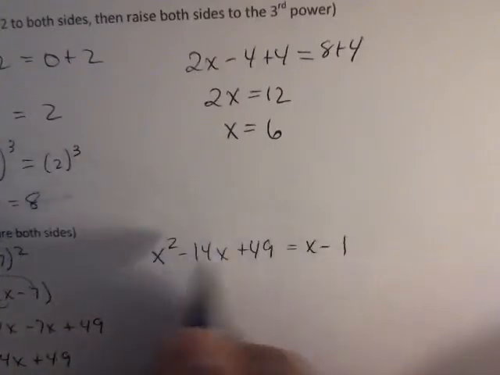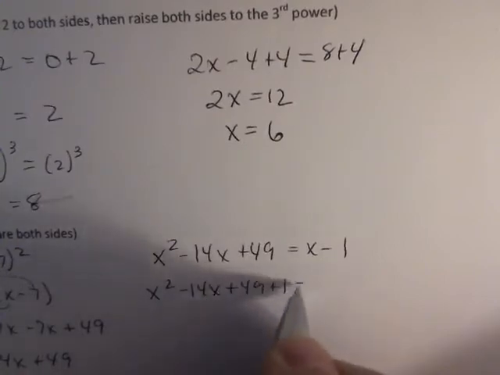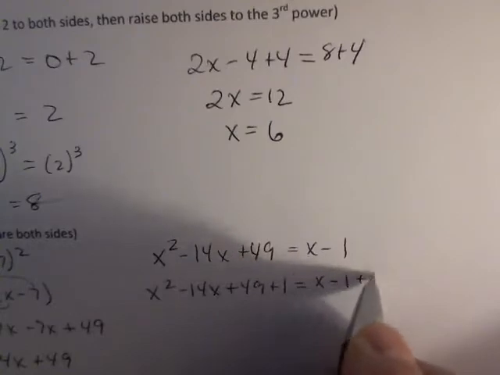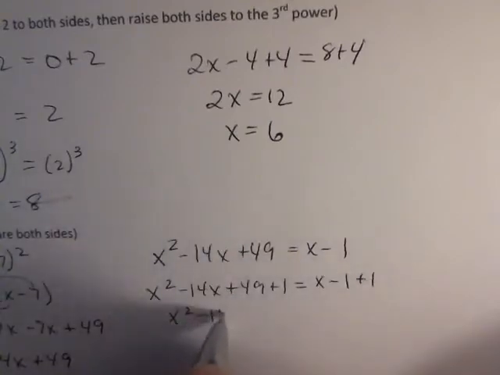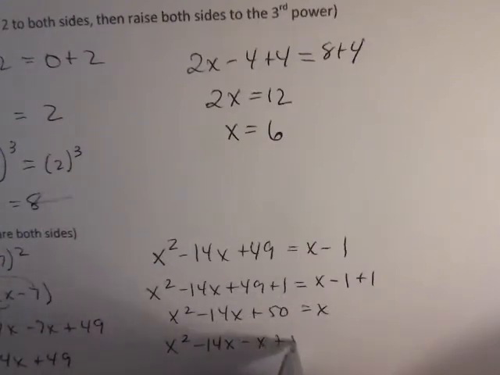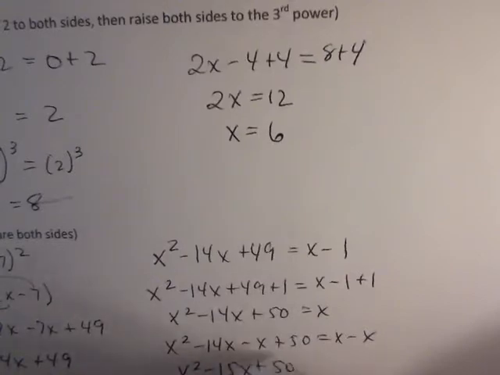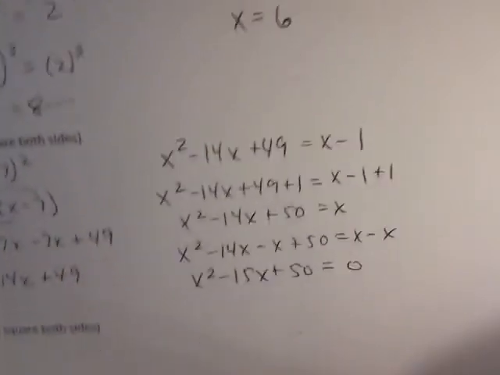Then I'm going to add 1 to both sides here. Subtract this x. And don't forget, that's like subtracting a 1x. And what I'm left with is x squared minus 15x plus 50 equals 0.